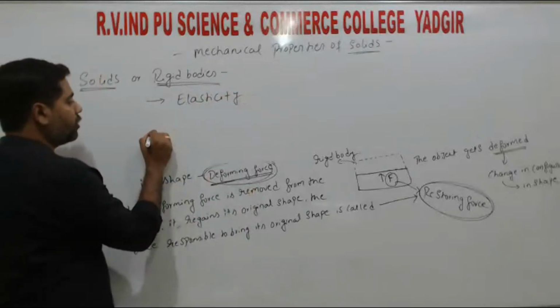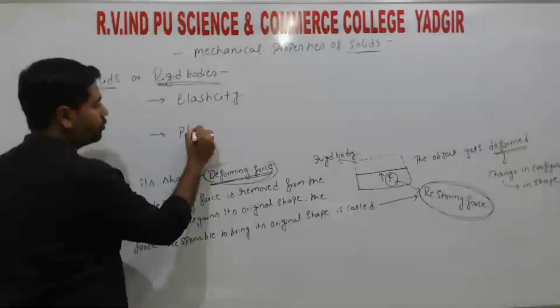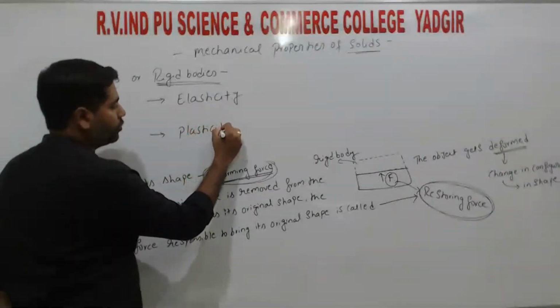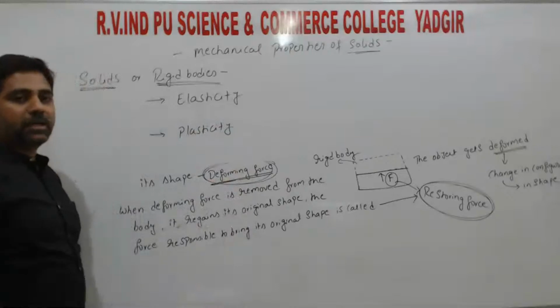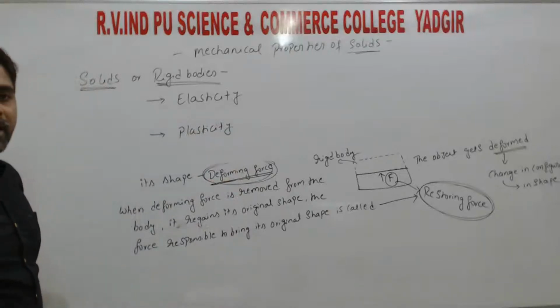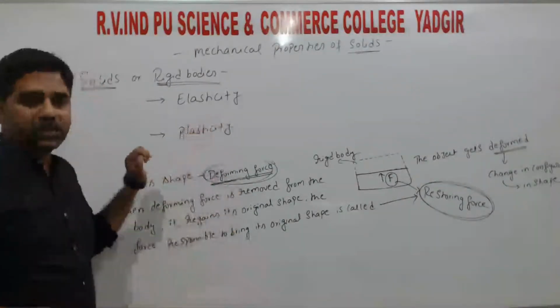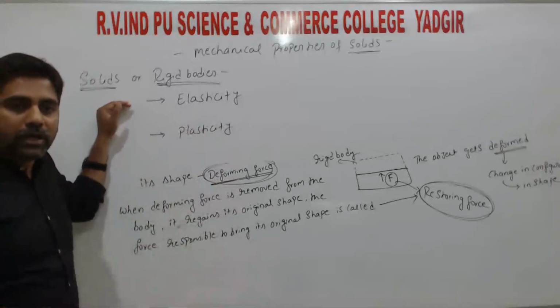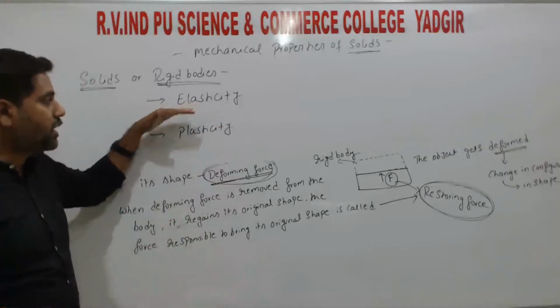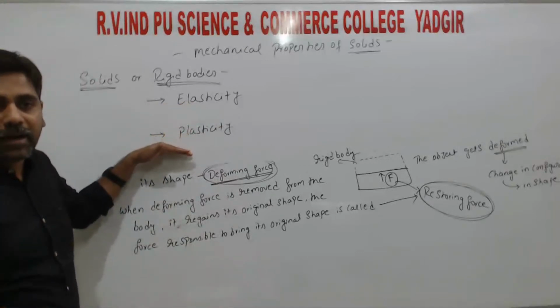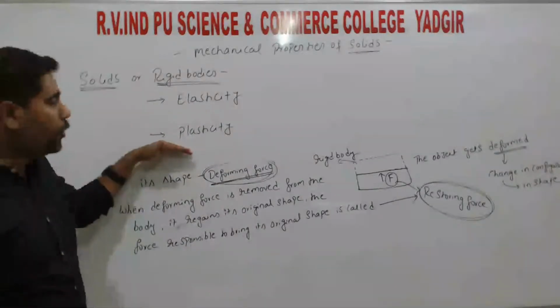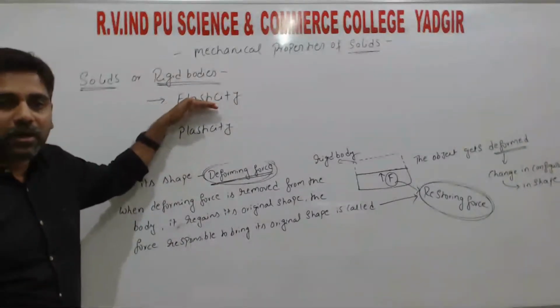And the second one is plasticity, right? So elasticity and plasticity. So what are elasticity and plasticity? These are the properties of the solids, right? So first we will discuss the elasticity.